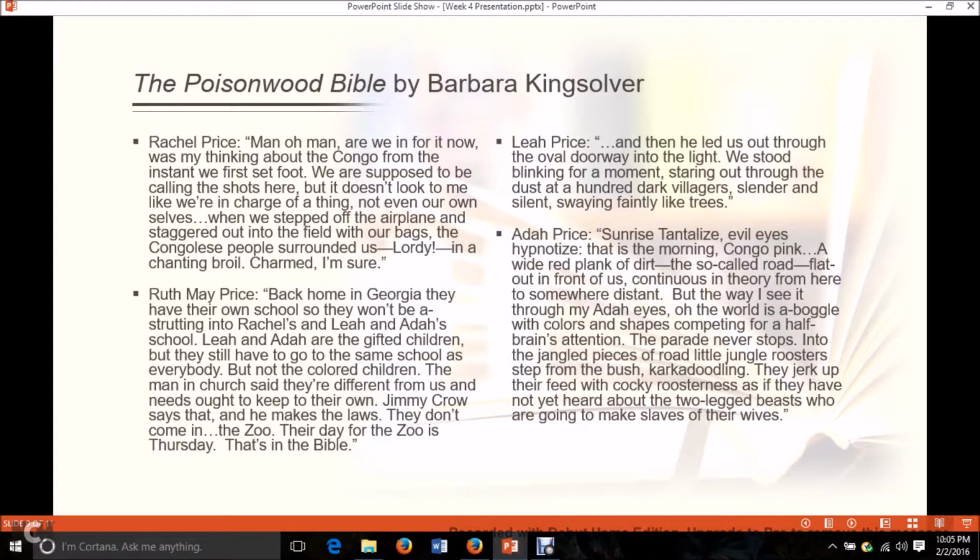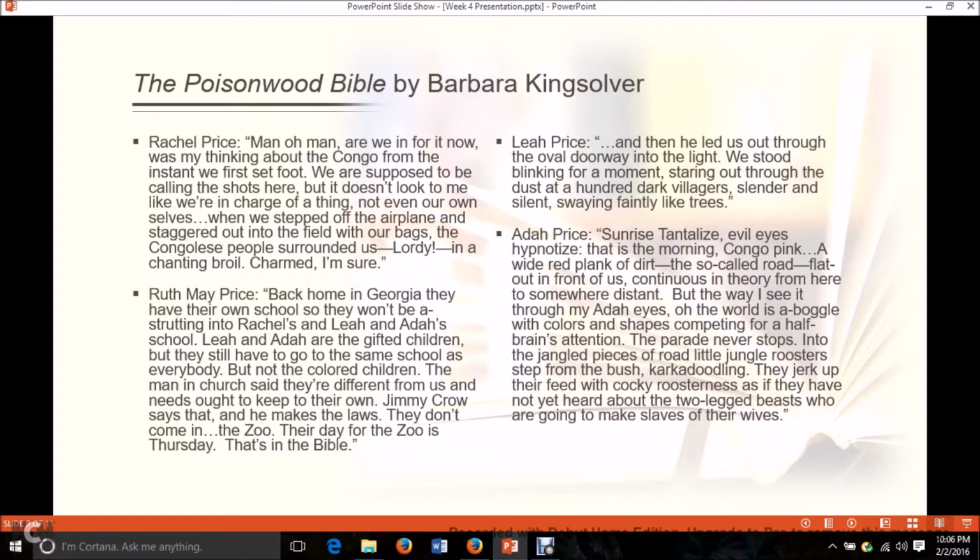I wanted to spend a little time looking at these 4 quotes from a book called The Poisonwood Bible by Barbara Kingsolver, because it's a very interesting use of style. A lot of times, like I mentioned before, writers will have a particular style that they use in lots of different stories. It's the voice that they have as writers.